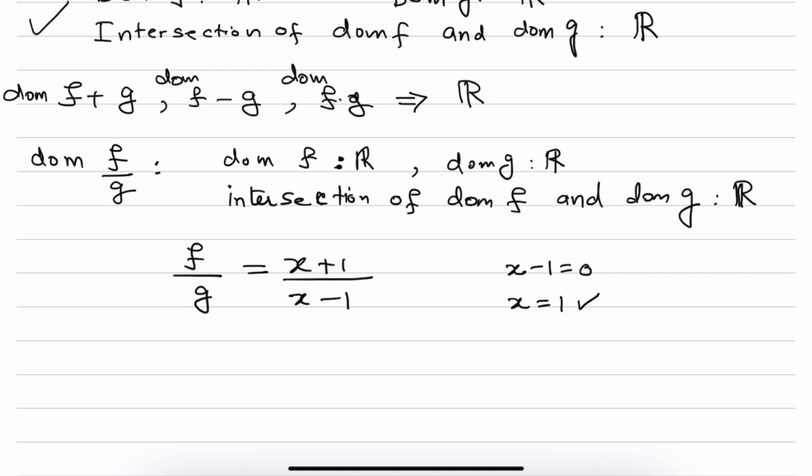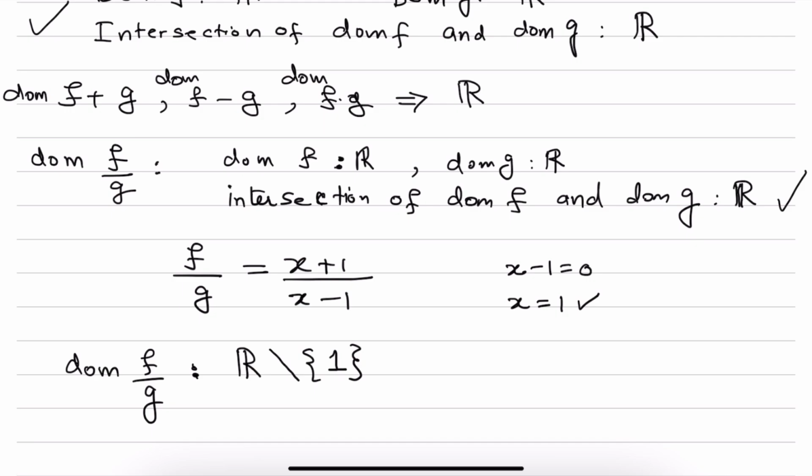So we will have to exclude 1 from the intersection of the domains, and the intersection of the domains is R. So we now know that domain of f by g is all real numbers that was the intersection of the domain of f and domain of g, and we will have to exclude 1 that was making the denominator of f by g 0.